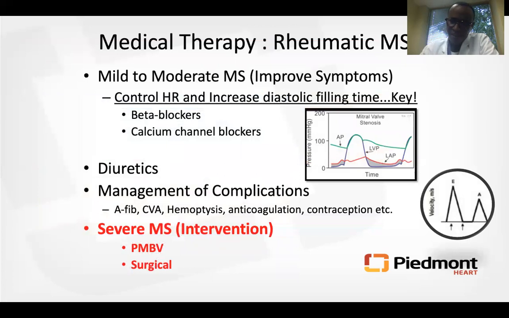The other complication of mitral stenosis that you need to be aware of is the presence of atrial fibrillation. Because the left atrium is dilated, because there is left atrial myopathy, patients with mitral stenosis are at an increased risk of developing atrial fibrillation.